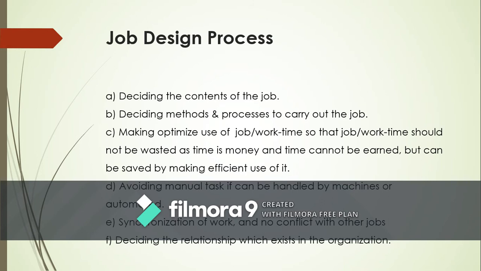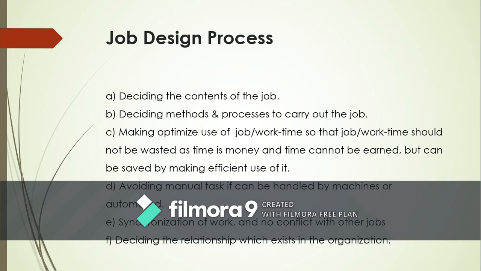Today, let us understand what the job design process is. First is deciding the contents of the job, what should be there in the job. Then deciding methods and processes to carry out the job. And the third is making optimized use of job or work time so that time is not wasted, as time is money, and time cannot be earned but can be saved by making efficient use of it.